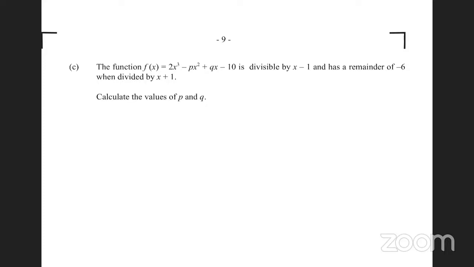That's the remainder and factor theorem, right? Yes, we did some remainder and factor theorem, and we do some past papers too.